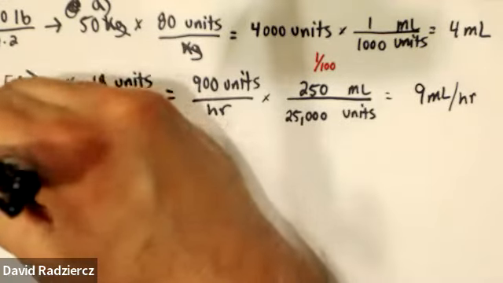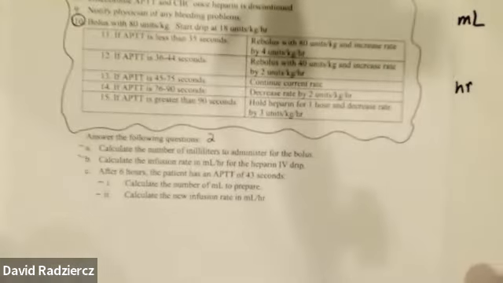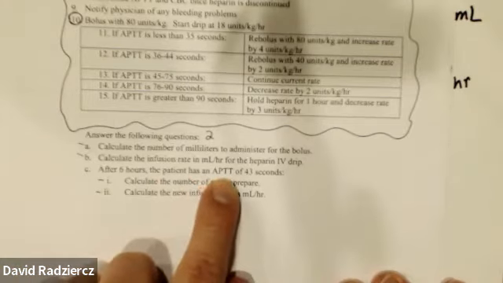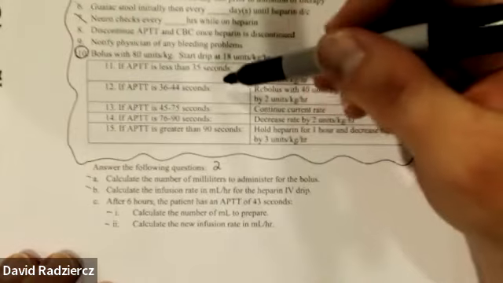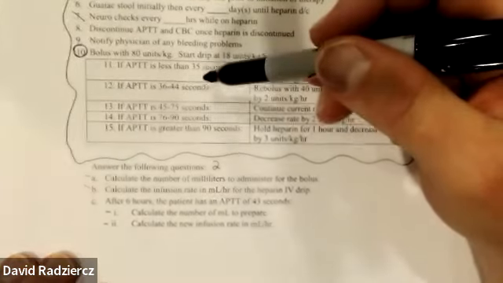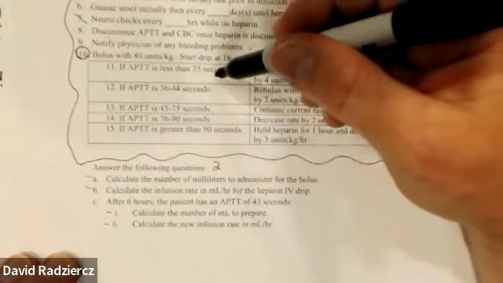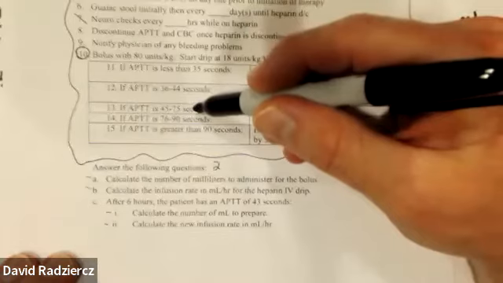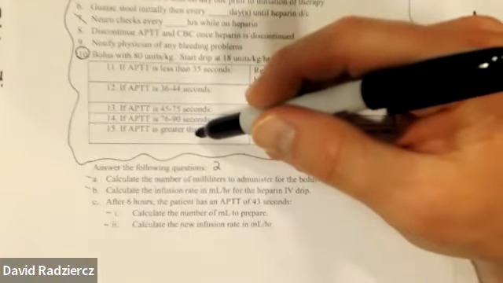All right, so C part 1 and C part 2 are continuations of the protocol. C part 1 says, after 6 hours, the patient has an APTT of 43 seconds. So there's this boxed area here that has all these different APTT times listed: less than 35 seconds, the range of 36 to 44, 45 to 75, 76 to 90, and then greater than 90 seconds.